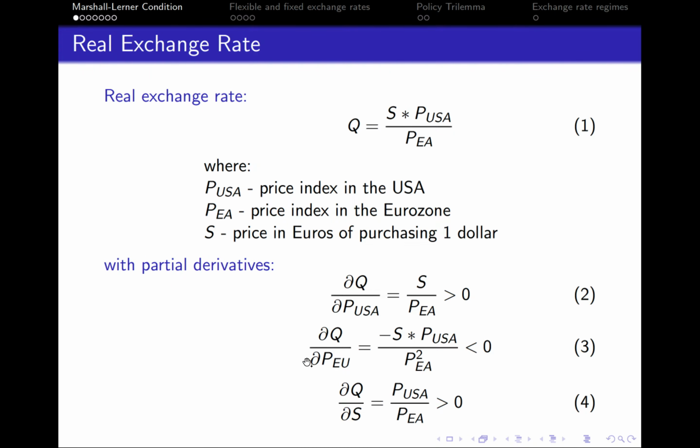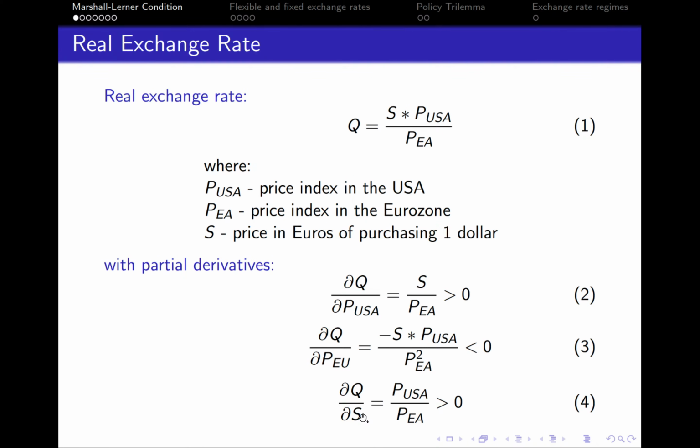And here, conversely, we see that if price level in euro area is getting higher, then partial derivative is negative. We can calculate this easily using the quotient rule, and it makes perfect sense that with higher prices in euro area, competitiveness of euro area is getting lower.